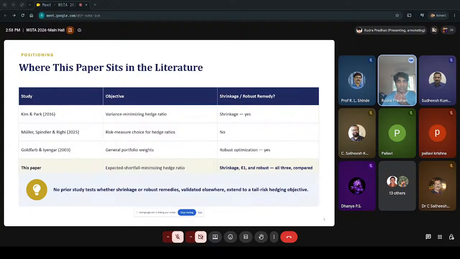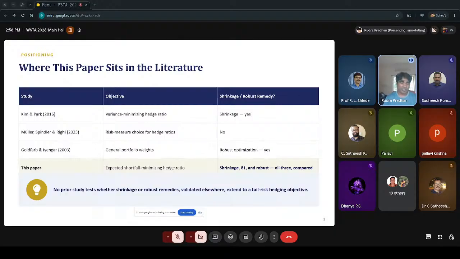In our paper, the basic idea is the expected shortfall minimizing hedge ratio with a shrinkage factor, and we are trying to link all these three together. That's why I already said that this particular work is not something very new. Having a different kind of approach, we are bringing them together with the latest data and different currency structures, trying to bring in these portfolio issues and observe the financial risk factors.